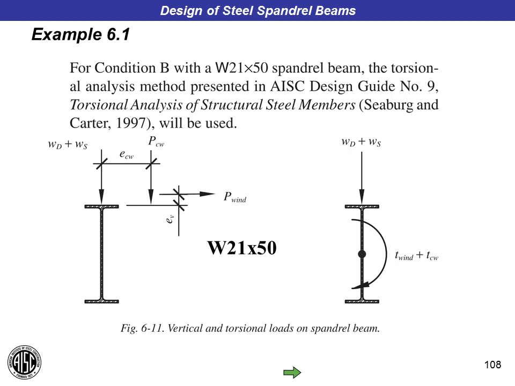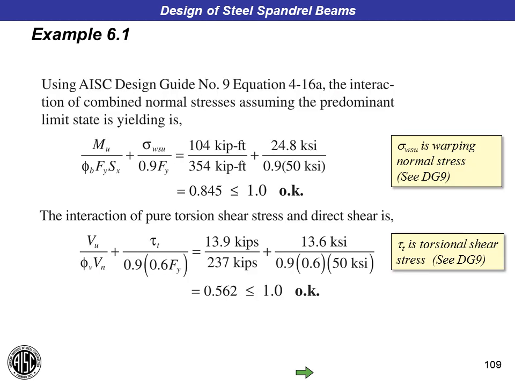What does that do? Well, when we run through the numbers, which we go through in detail in the design guide, Design Guide 22, but I won't have time to go through today, we find that the beam member still works okay for flexure. Right? We're at 104 kip-feet demand over 354 kip-feet capacity, but we also have to consider the warping normal stress, which you can get using the Design Guide 9 method, dividing that by phi Fy and combining that with our flexural stresses.